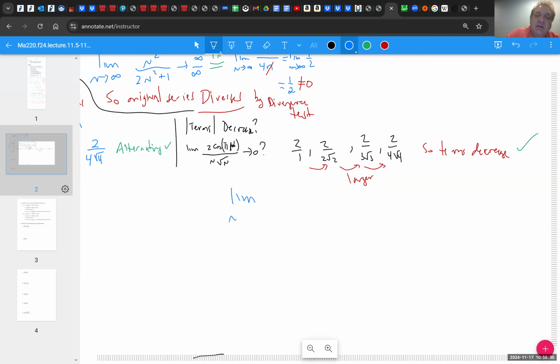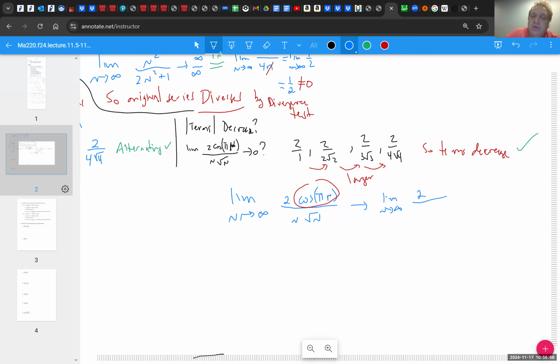Limit as n goes to infinity of 2 cosine pi n over n√n. We know this part is alternating between positive and negative. So as I said, we can just ignore that because it just means you'd use the squeeze rule, and it's the same every time.